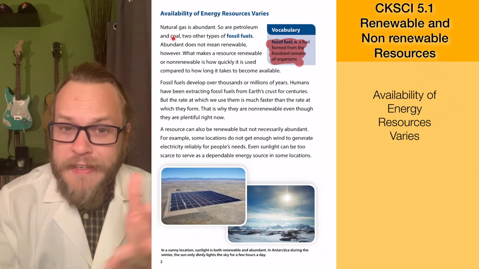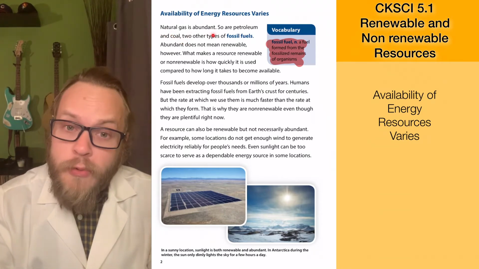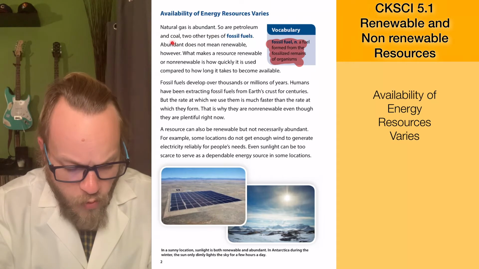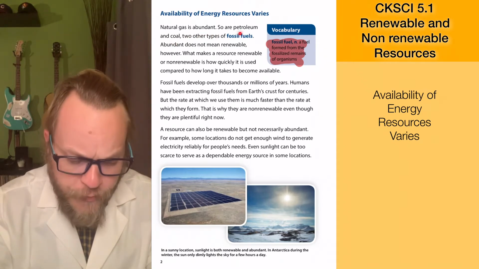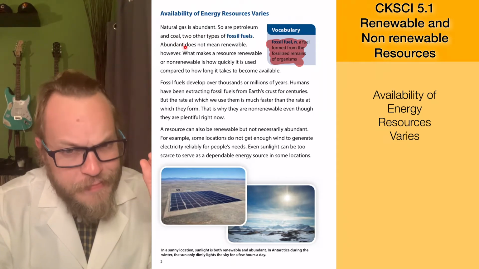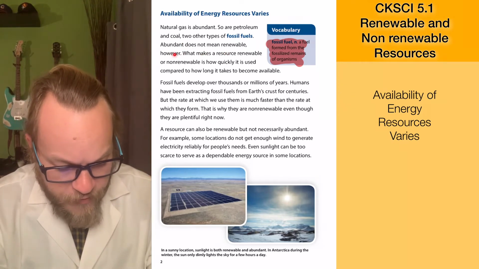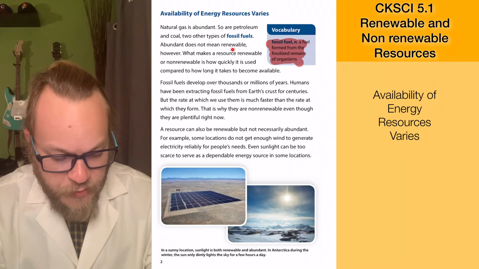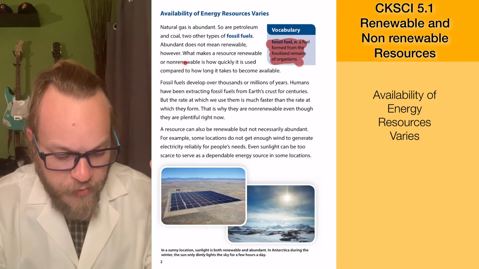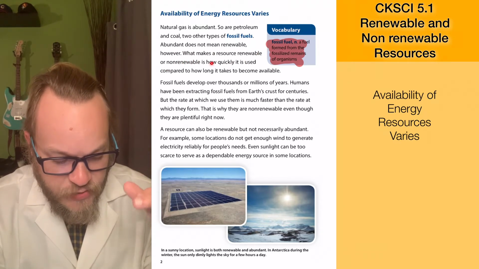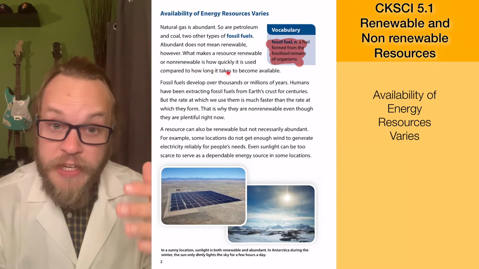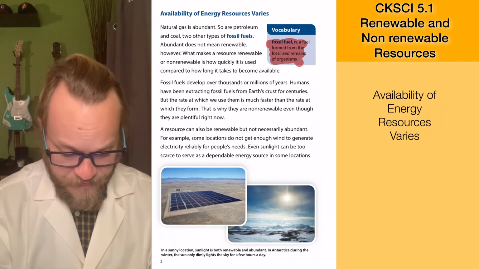Natural gas is abundant. So is petroleum and coal, and other types of fossil fuels. Abundant does not mean renewable. However, what makes a resource renewable or non-renewable is how quickly it is used compared to how long it takes to become available.